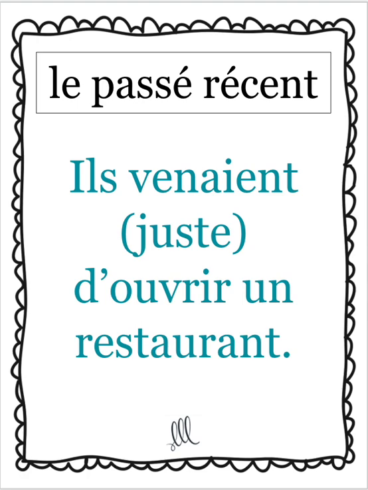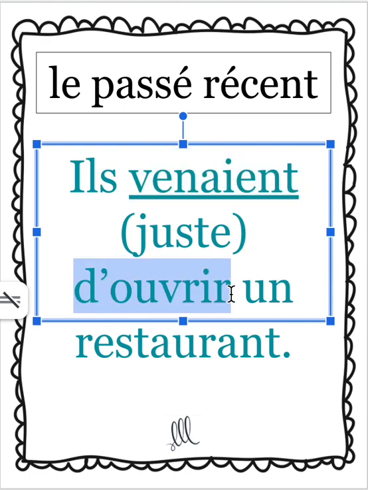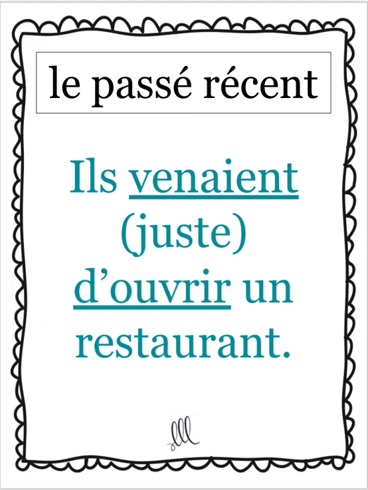D'accord? So what we're doing is we're using the verb venir, followed by de, which is very important, and an infinitive. Il venait, and you can use the word juste for a little emphasis, but you don't have to put it there. Il venait d'ouvrir un restaurant. Ou il venait juste d'ouvrir un restaurant.